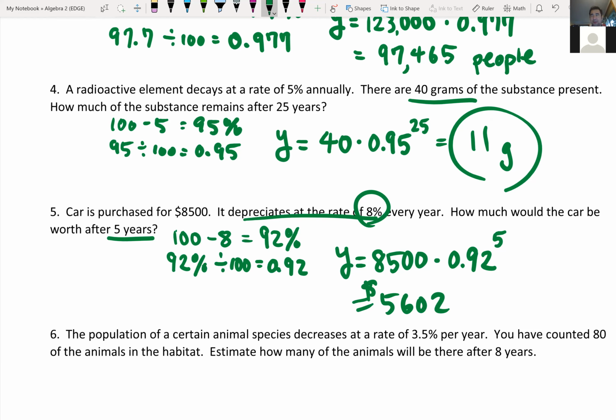Let's say you have a 2015 Toyota Corolla and you want to sell it. You look into the Kelley Blue Book, look up the 2015 Toyota Corolla, and it gives you the value.